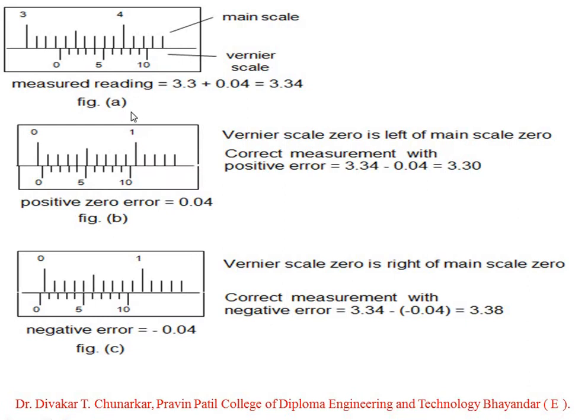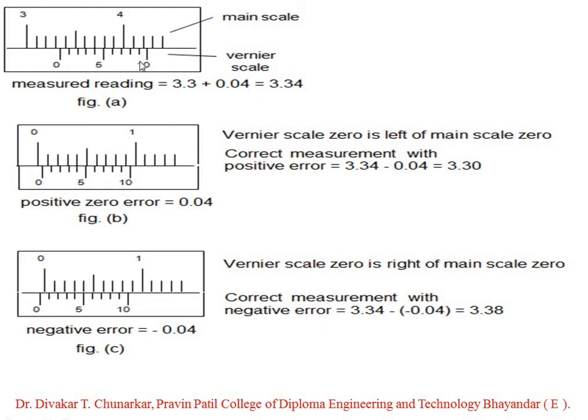Now, we have to calculate. This is the vernier caliper separately. Here we have to calculate zero error, negative error, and positive error. Error is denoted by Z. Suppose this is the main scale and this is the vernier scale, with 10 divisions or 10 lines.